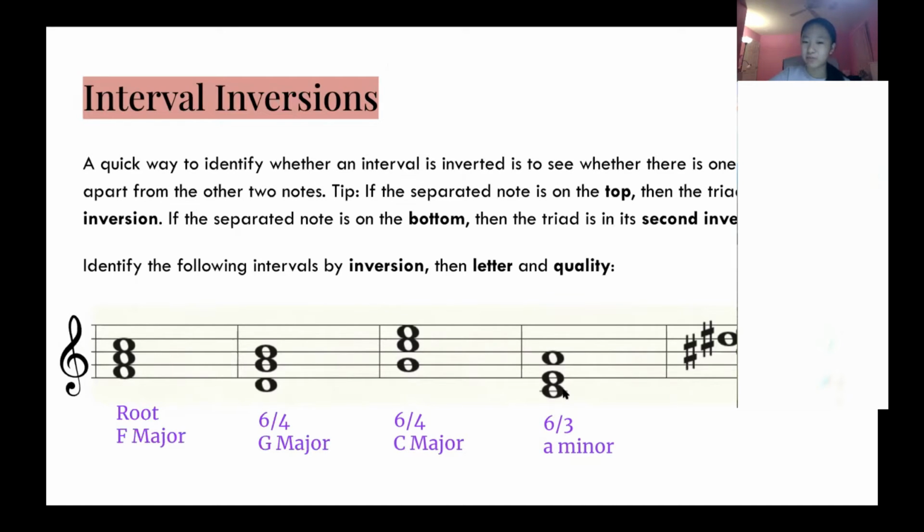Very good. And if you wanted to work backwards, you just move the top one down once and you get A minor. This one's kind of a trick. There can only be 2 inversions, so if it doesn't look like either one, it might not be a triad at all. That's up to your judgment.